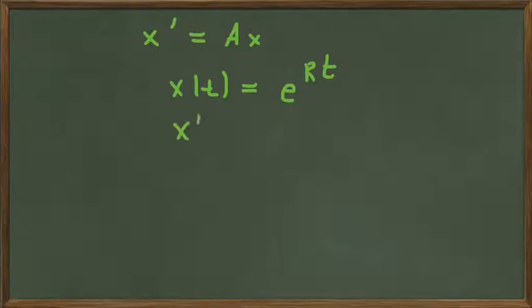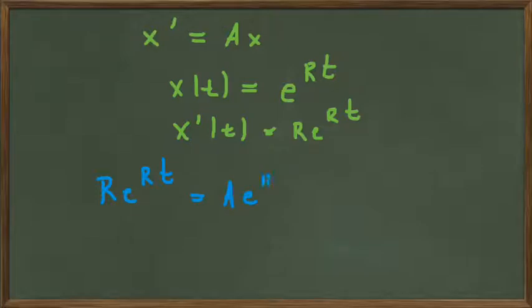So if we take the derivative of x of t, the r comes down, we get r e to the rt. We substitute that back into our differential equation. So the left-hand side is r e to the rt, and the right-hand side is A e to the rt.